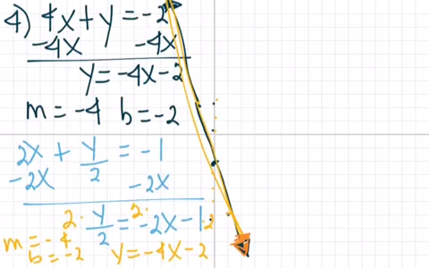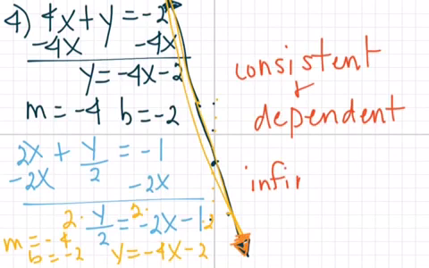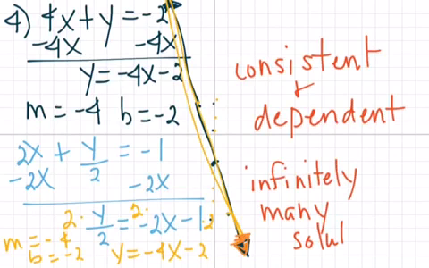So that means the type of system is consistent and dependent. And there are infinitely many solutions.